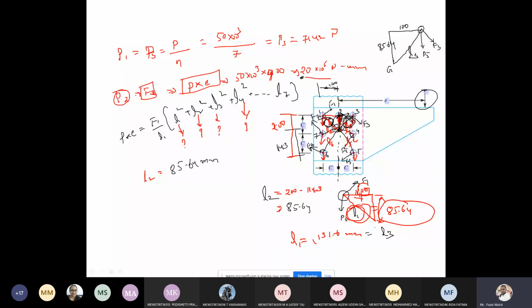Now what is L4? L4 I'm showing here. This is the center I'm joining.